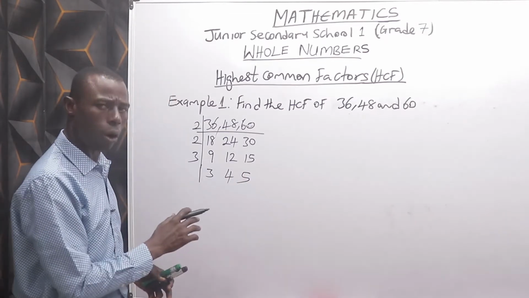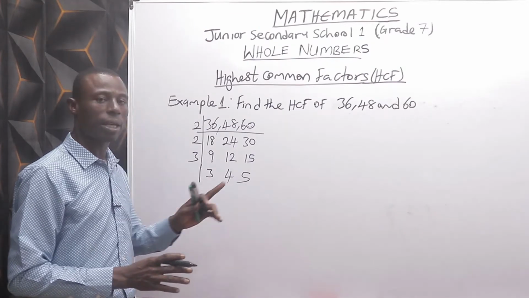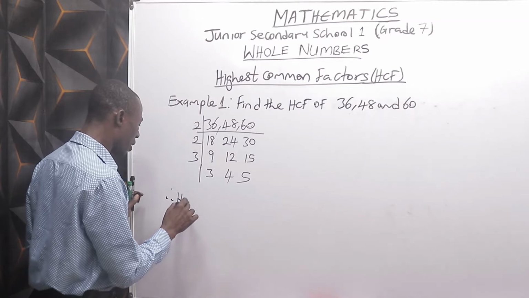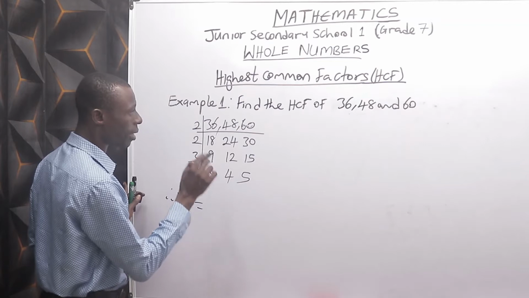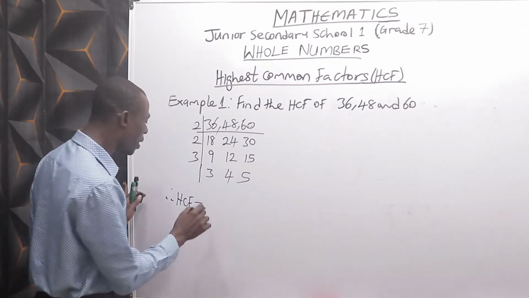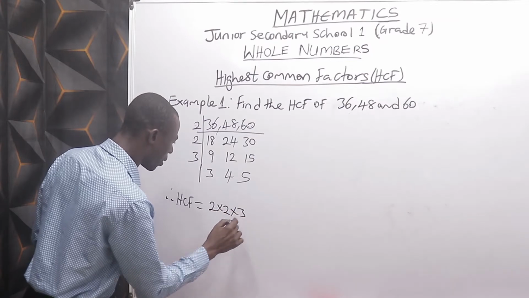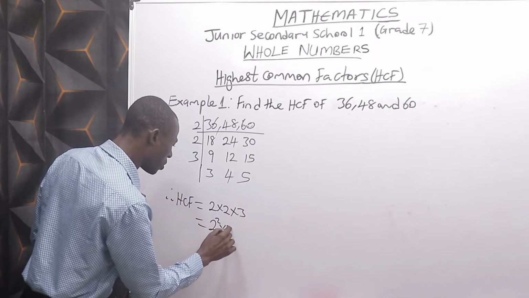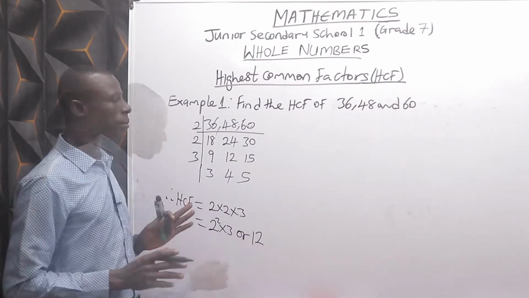What else goes in all? Nothing again. Nothing goes at the same time in the 3 numbers involved. Therefore, the HCF, the highest common factor of the 3 numbers 36, 48, and 60, is 2 times 2 times 3, which is 2 raised to power 2 times 3 in index form, or 12 as a number.